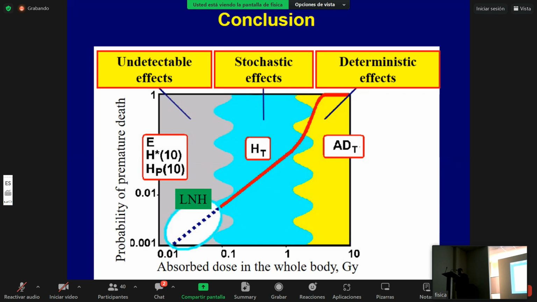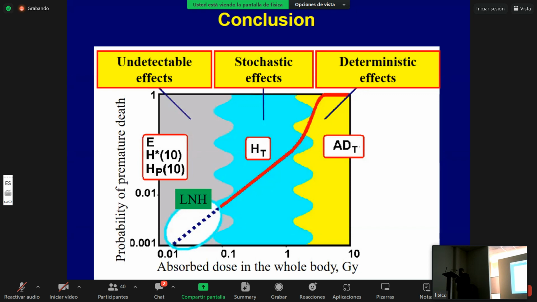The contribution of the risk of developing stochastic effects to the overall probability of premature death is negligible at doses over 4 grays. So an RBE weighted dose should be used to estimate the effect of exposure in this area. The contribution of stochastic effects to total mortality cannot be detected at doses below 0.1 gray.